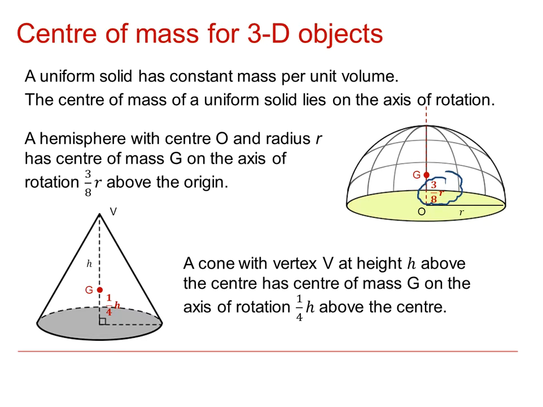And the center of mass for a cone is 1/4 the height, again above the center point of the base. So these are things that you can look up. You don't need to learn them. You don't need to prove where they come from either. So they can simply be quoted without proof.